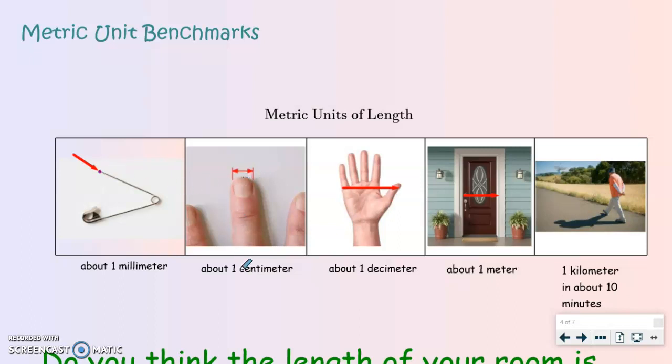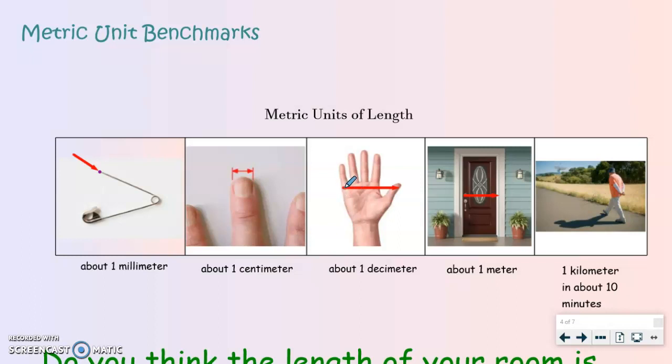And so if you were to move on to the next unit, the centimeter, if you took your pointer finger or middle finger and measured the width of either of those fingers, it would be very close to about a centimeter wide. Okay, and then we have a decimeter, and a decimeter is not used quite as often either, but we are going to explore these a little bit tomorrow in our next lesson.